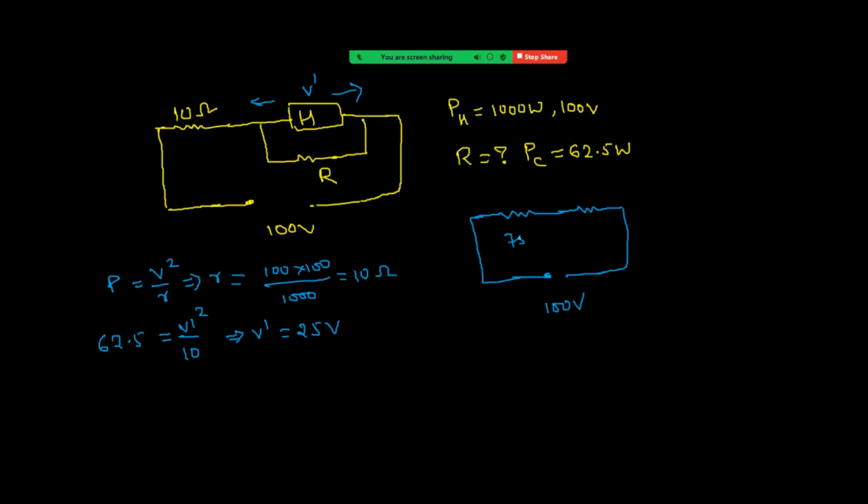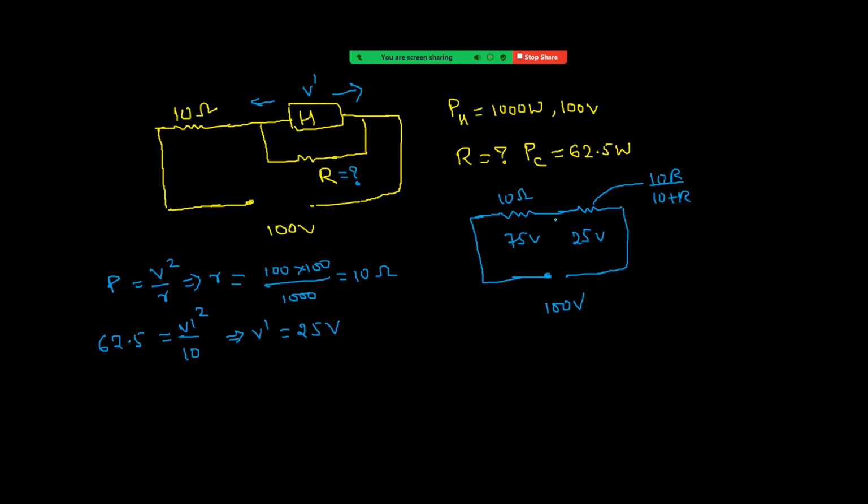So this must be 75 volt and this must be 25 volt. This is a 10. Sorry, this value we have to calculate. For the heater, it is a 10. So effective value, how much means here? Since both are parallel, 10R by 10 plus R.